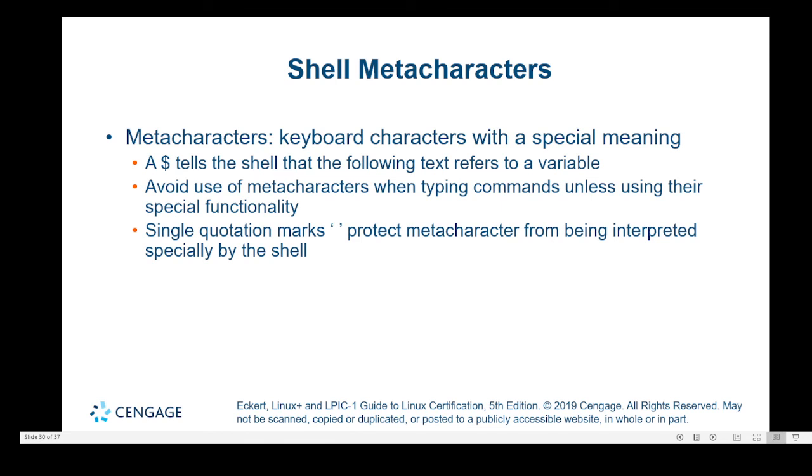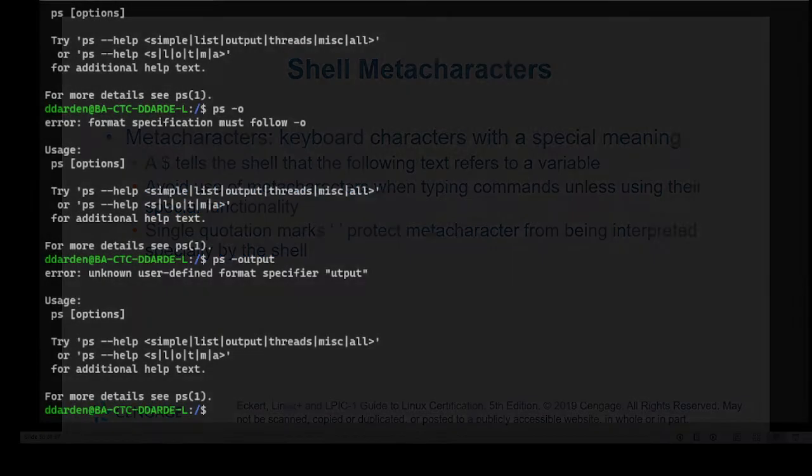So the $ sign indicates that I'm going to be using a variable. Variables can be numbered. They can also be words that I've defined. And a lot of times we'll use characters to actually protect other ones. So I'll show you an example of what that might look like.